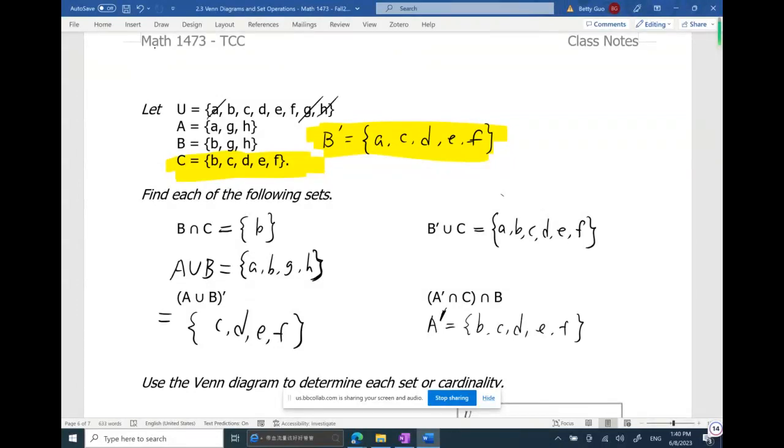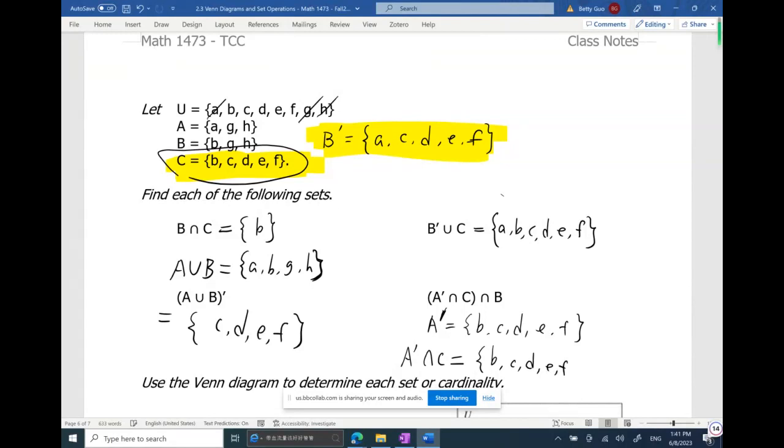And we are going to take the intersection of A prime and C. What are the common elements of those two sets? We have B in common, we have C in common, we have D in common, E in common.